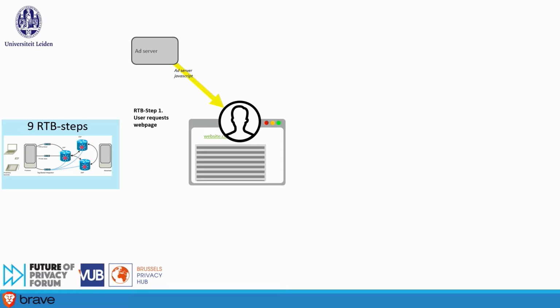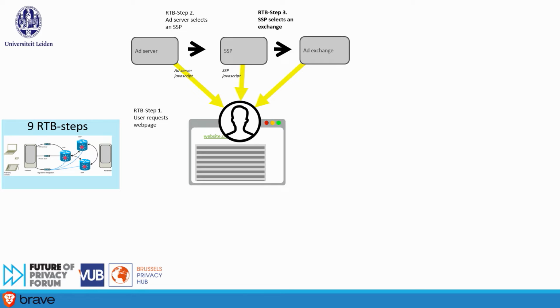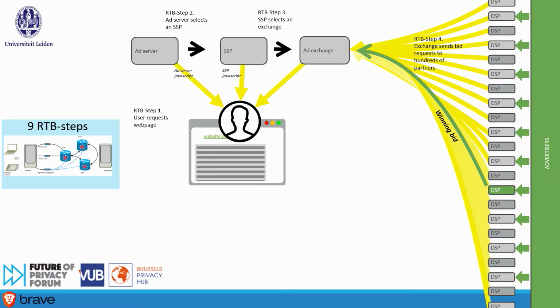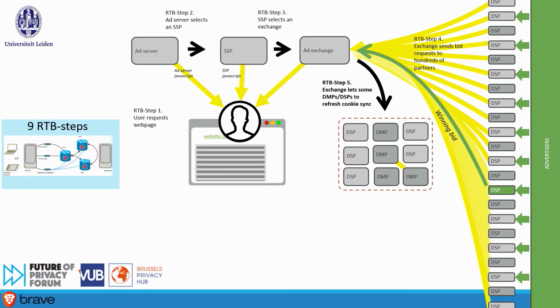First, you load the website, then the SSP is being selected, the ad exchange is being selected, then the bid request is sent to a lot of different parties. There's a winning bid being communicated back. The cookie syncing happens.